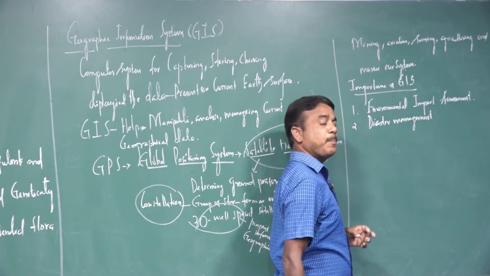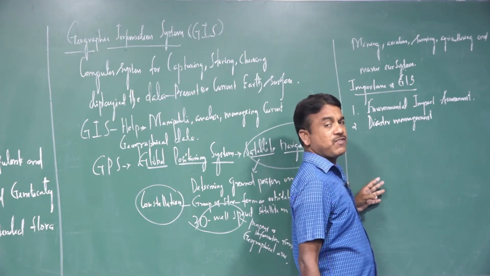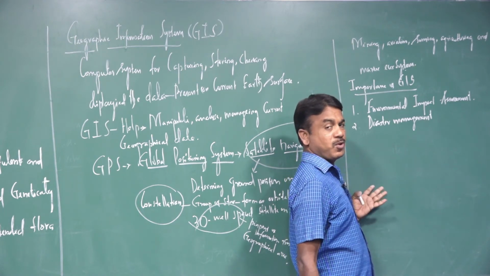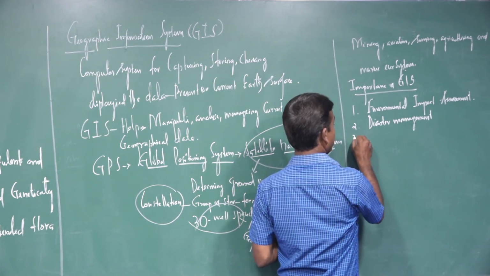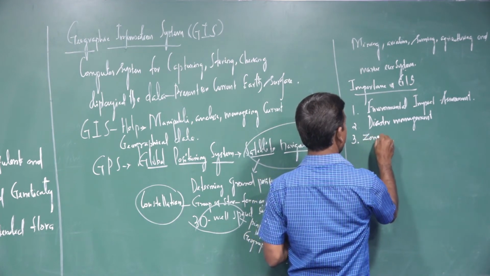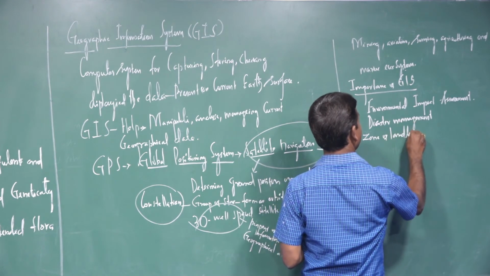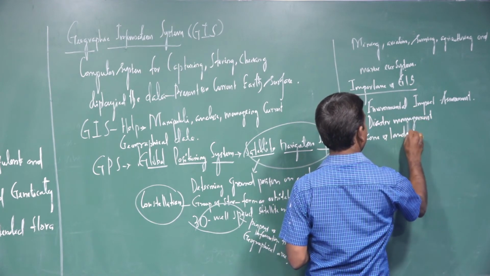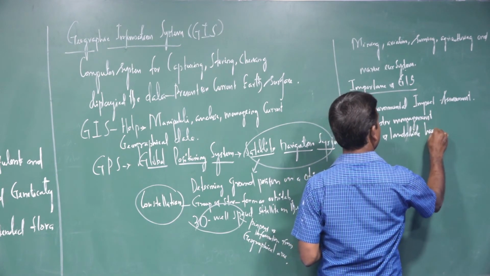Whatever disaster happens, with the help of the geographic information system, it can be clearly mapped. That's called disaster management. Third one, zones of landslide hazards.